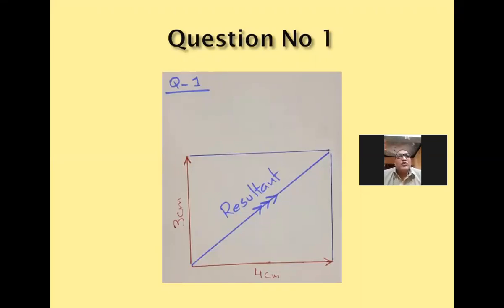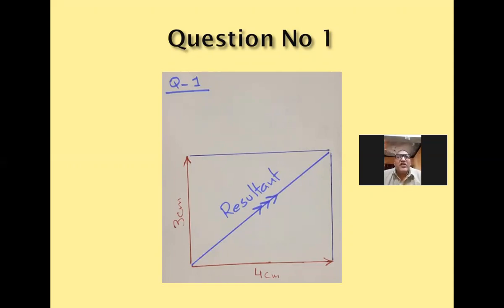I will suppose that they are the adjacent sides of a parallelogram. You can see the red 3 centimeter vector and the 4 centimeter vector, their tails are joined. Then I will complete the parallelogram, and you can see with the blue lines, I have completed the parallelogram.